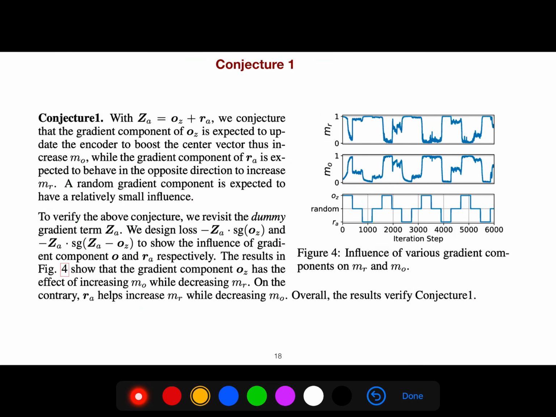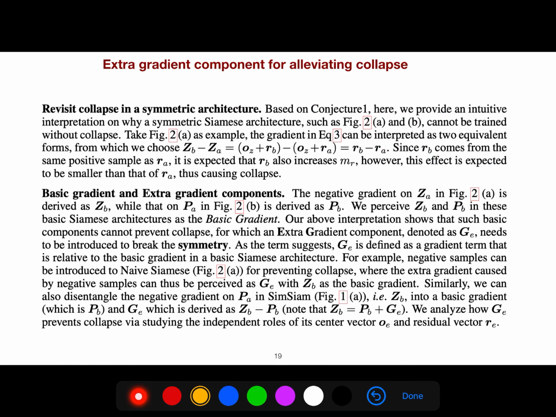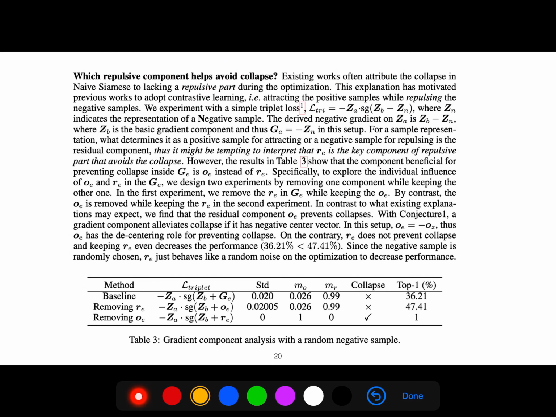So one conjecture is that the gradient component of your center O sub Z is expected to update the encoder to boost the center vector and increase M sub O, while the residual gradient component is expected to behave the opposite. And we use the extra gradient component for alleviating collapse.